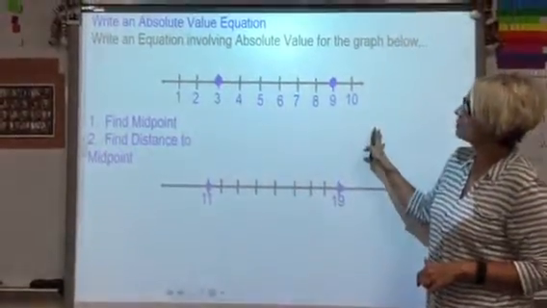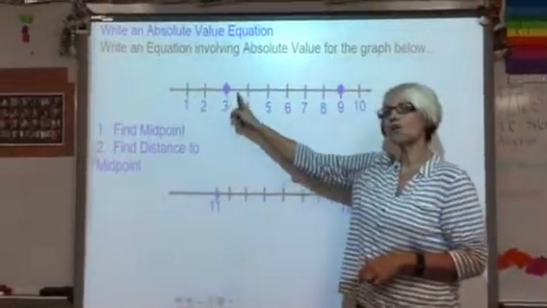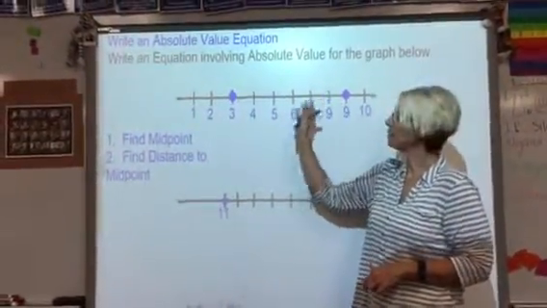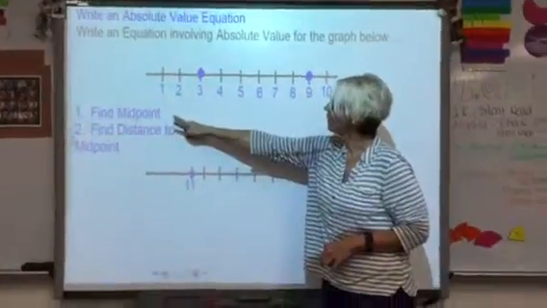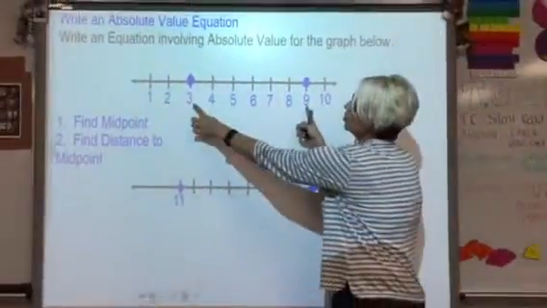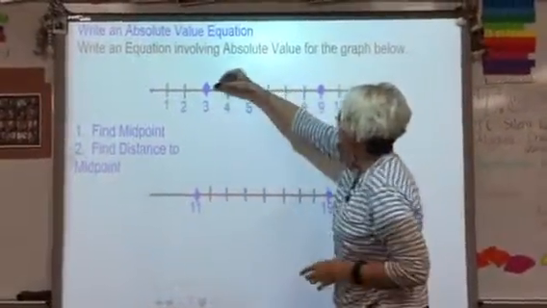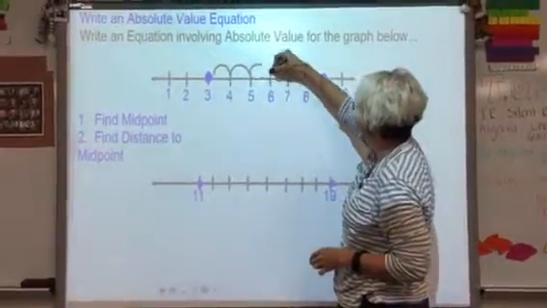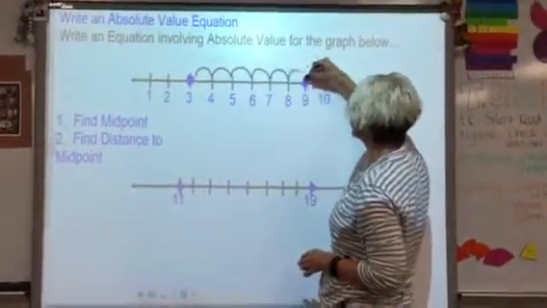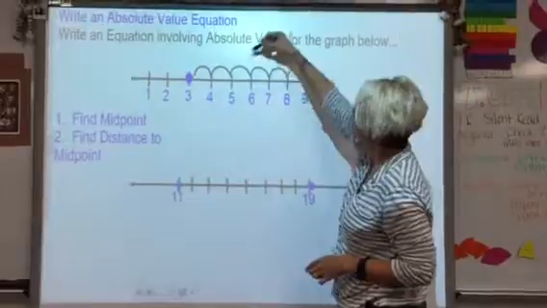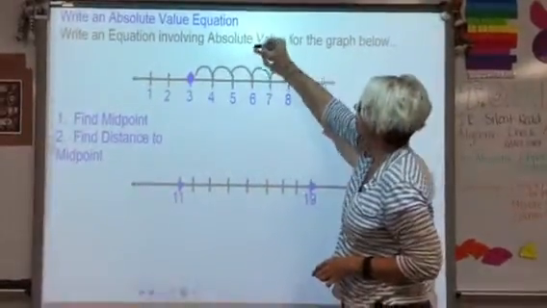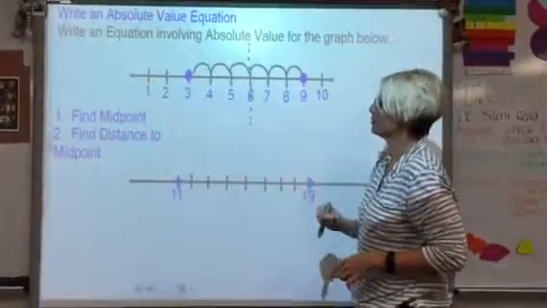Now, graphing absolute value, we can write an equation when we're given just a graph. So you need to find the midpoint first. Well, if you look at these 2 points, the midpoint, if I count in, this is 1, 2, 3, 4, 5, 6 steps. So the midpoint would be 3 in, 1, 2, 3. This is my midpoint.